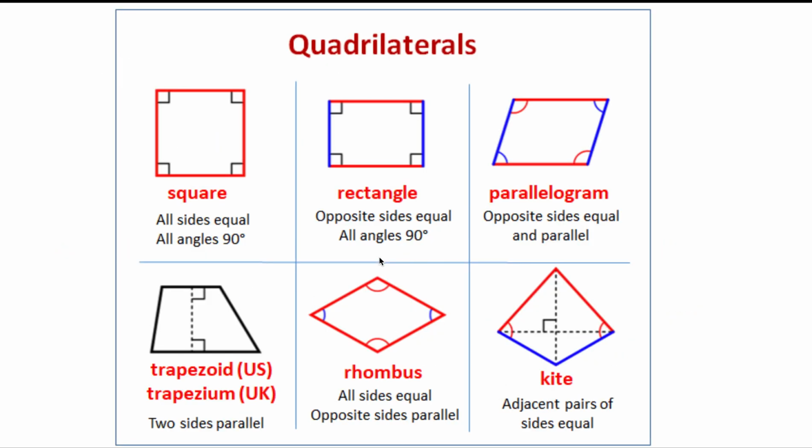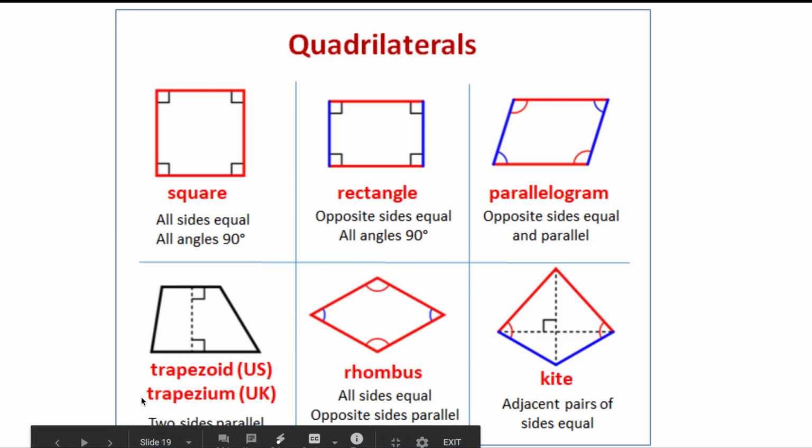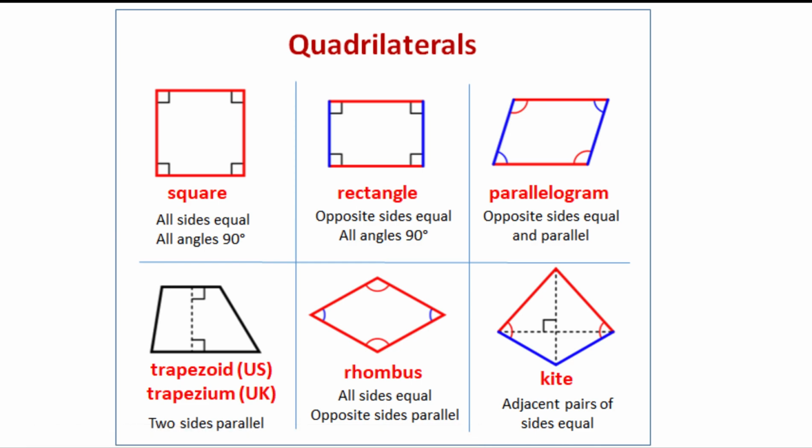Okay, trapezoid. In US, we write it this way. In UK, they write it this way. Okay, so trapezoid, at least two sides that are opposite to each other are parallel. Okay, rhombus, angles don't matter, they can be congruent, they don't have to be congruent, but all four sides are equal.